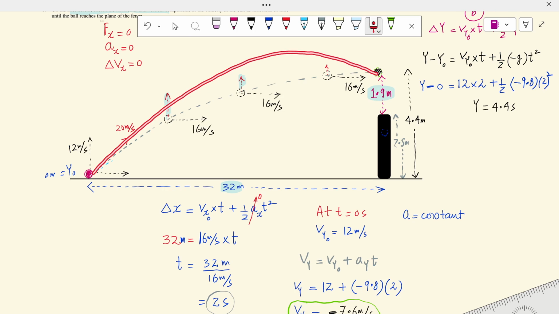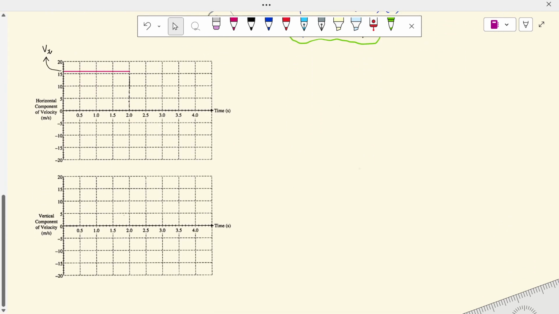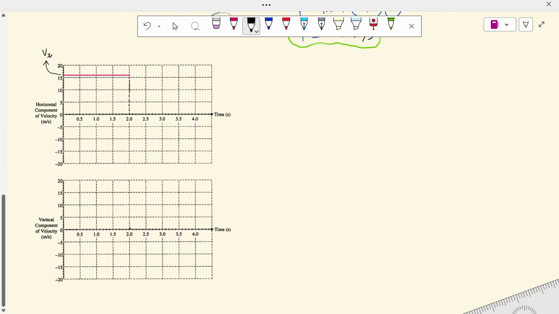You see that? Because at this point, the vertical velocity component is downward. So when we draw it, at 2 seconds it is negative 7.6. So it will be a straight line like this.